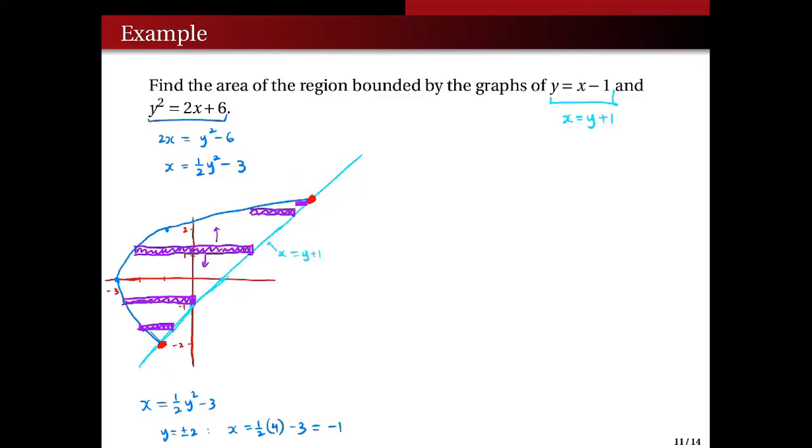So we need to find the points of intersection. Again, you just equate: y plus 1 equals 1 half y squared minus 3.